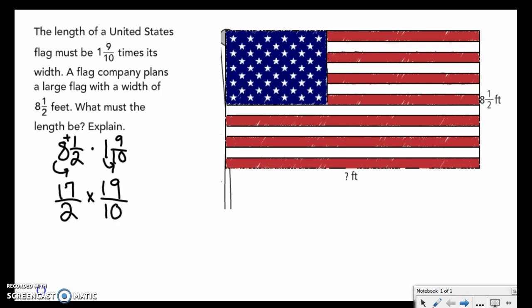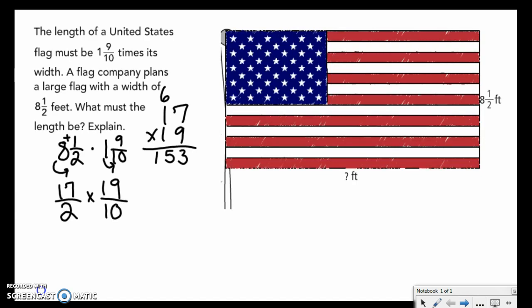Over 10. Alright? 17 and 10 have no common factor, neither does 2 and 19, so we have to multiply straight across. 17 times 19. Well, 9 times 7 is 63. Carry 1. 9 times 1 is 9. Plus your 6 is going to be 15.